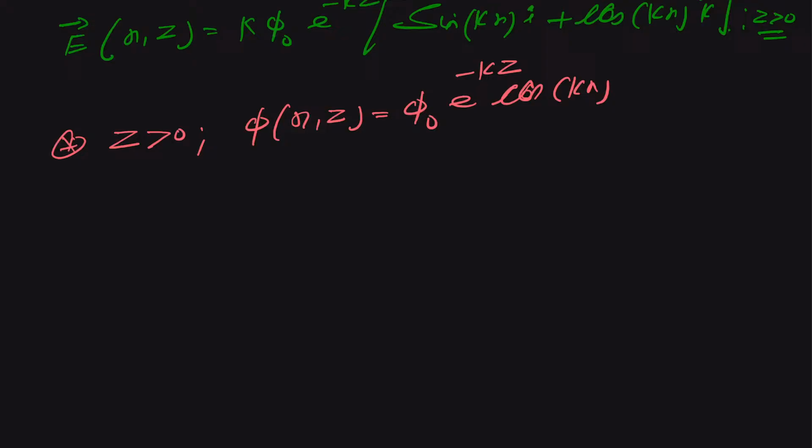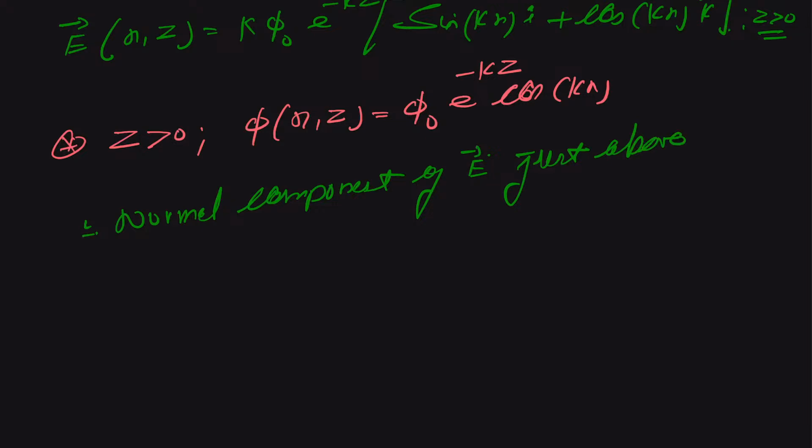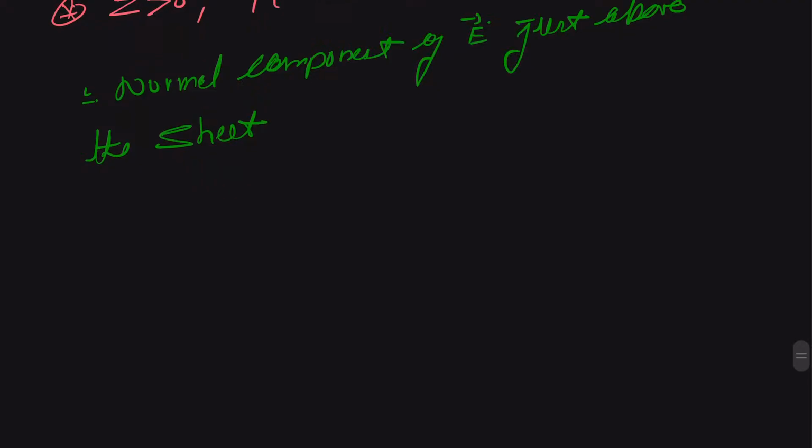Therefore, we can say that the normal component of electric field just above the sheet, let us write it as E z at x comma 0.